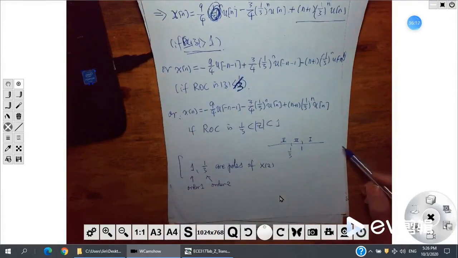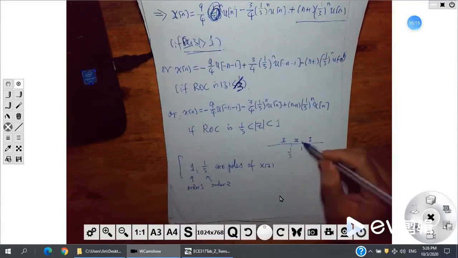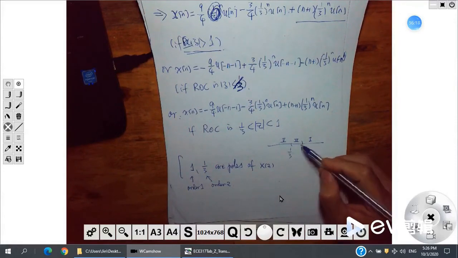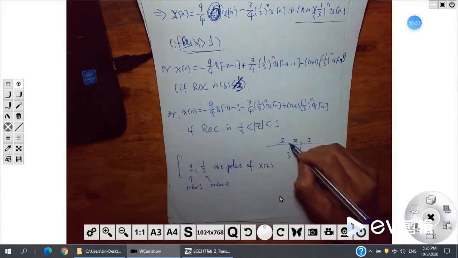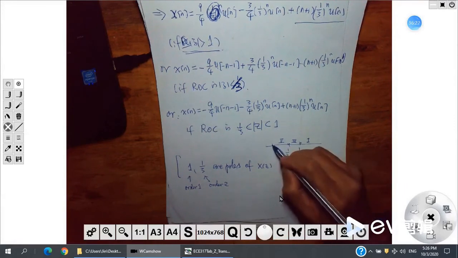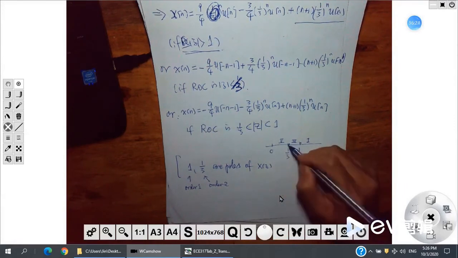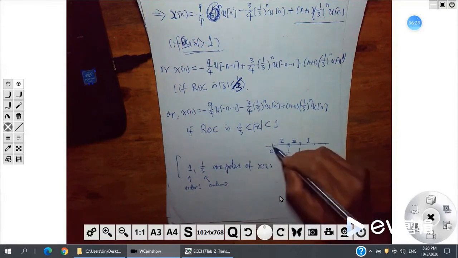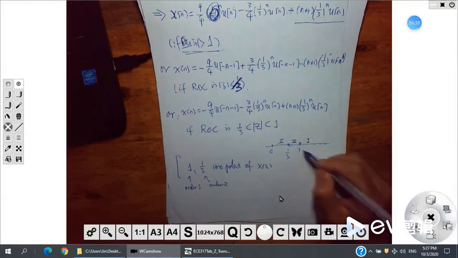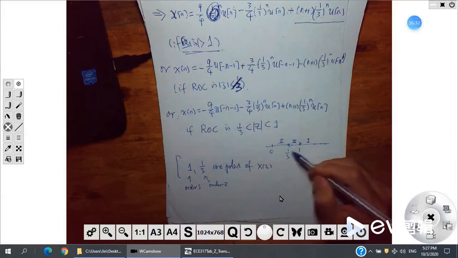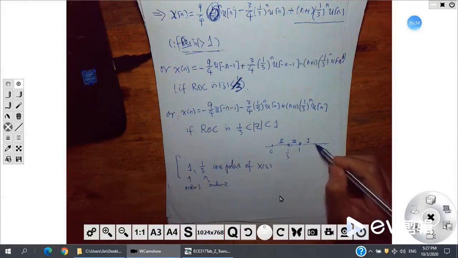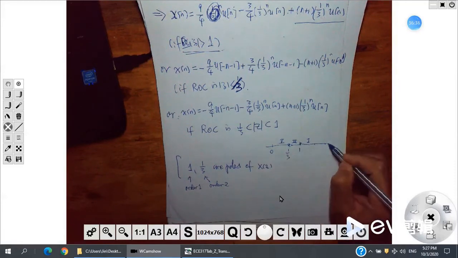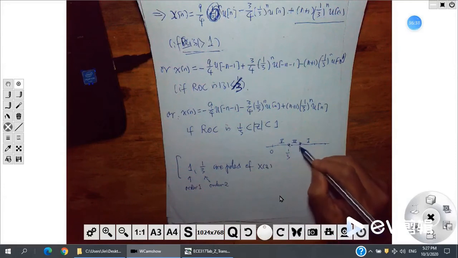Alright. And for the ROC, you just start from 0 and put all the poles. Then each segment is a possible ROC. Smaller than 1/3, larger than 1, and between 1 and 1/3.